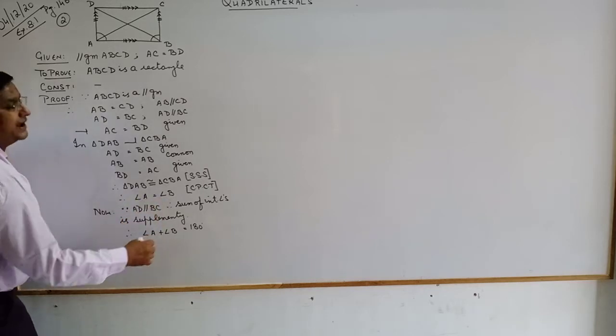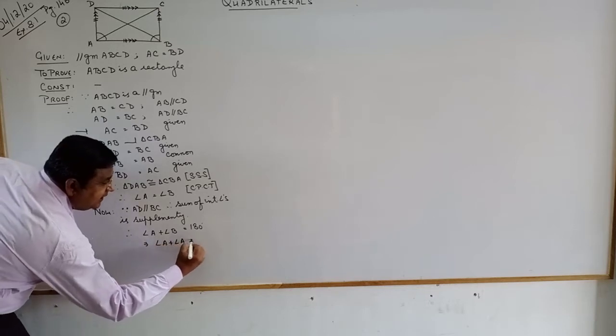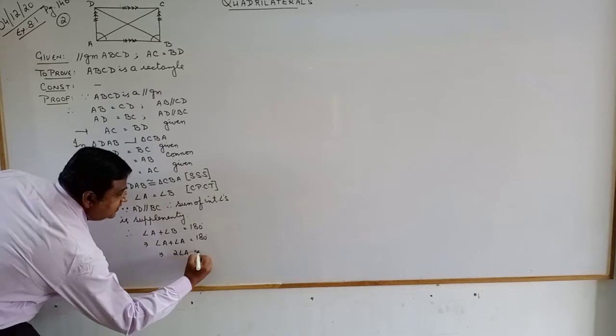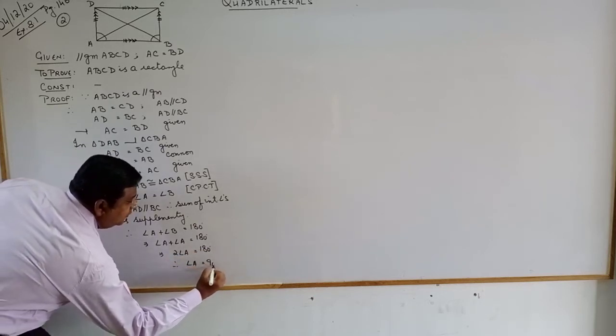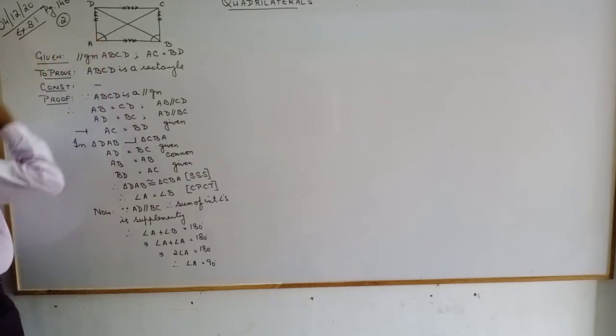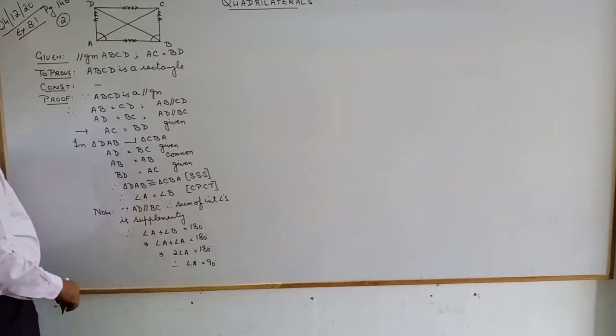So angle A plus angle A is equal to 180. So twice angle A is equal to 180. So therefore angle A is equal to 90. How much is this angle A? 90 degrees. If angle A is 90, how much is angle B? 90.